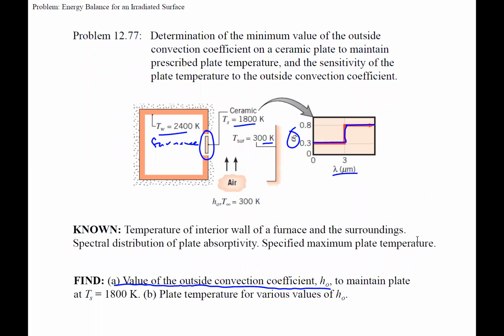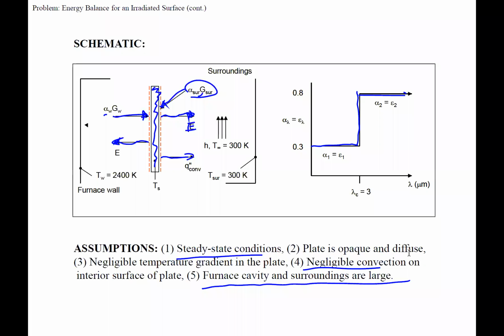Actually, they just gave us this, right, with absorptivity equals emissivity because we're going to assume the plate is opaque and diffuse, okay? So because it's diffuse, we get to say at any given wavelength, the emissivity is equal to the absorptivity.